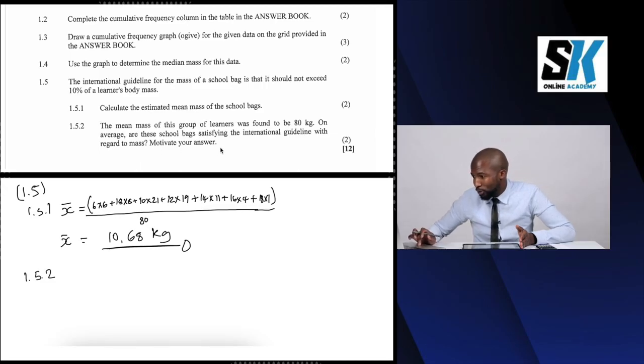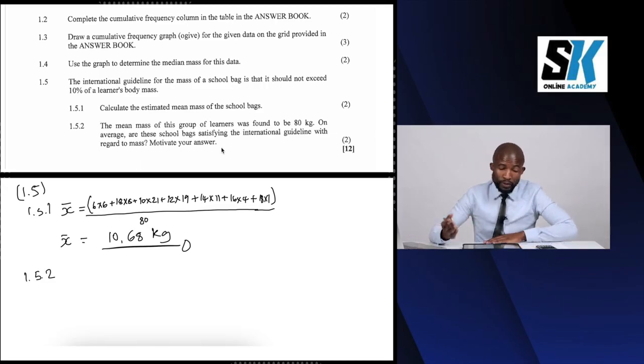Motivate your answer for 2 marks. So you go back to the statement of 1.5. The statement said that the international guideline for the mass of the school bag is that it should not exceed 10% of learners' body mass, right?